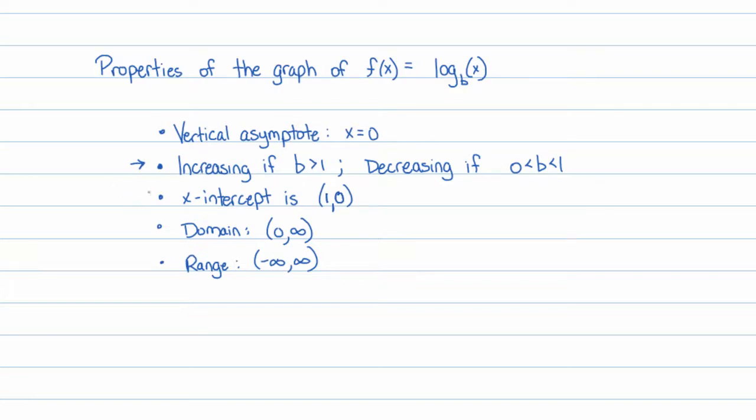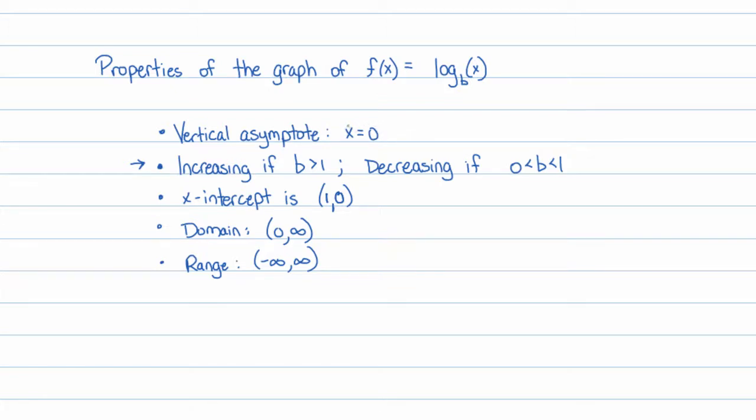So that group of traits we had for exponential functions all swap x and y values here. In other words, with a logarithmic function, instead of having a horizontal asymptote, we have a vertical asymptote. And instead of it being at y equals 0, because it's a vertical line, it's x equals 0.